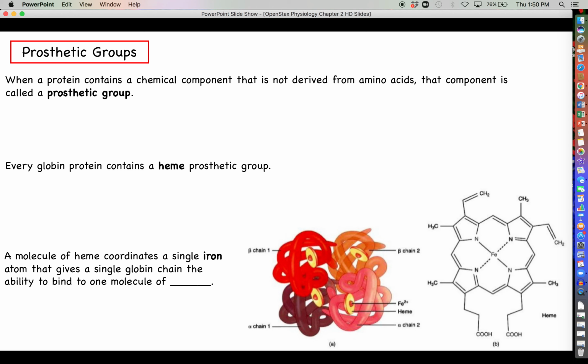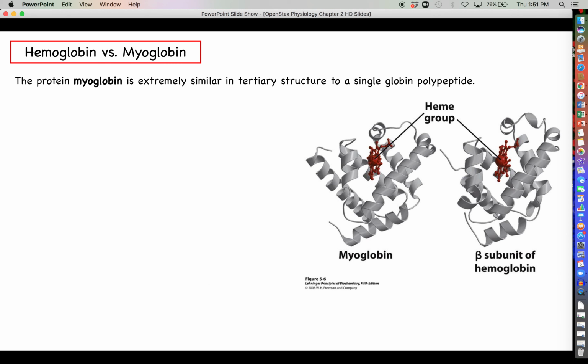And this gives the heme prosthetic group the ability to bind to a single molecule of, I'm sure you know where we're going with this, oxygen. So the fact that these globin proteins have this heme prosthetic group means that they have the capability of binding to and carrying oxygen. Other proteins that do not have these prosthetic groups cannot bind to oxygen. So prosthetic groups can give a protein a function that it otherwise would not have.